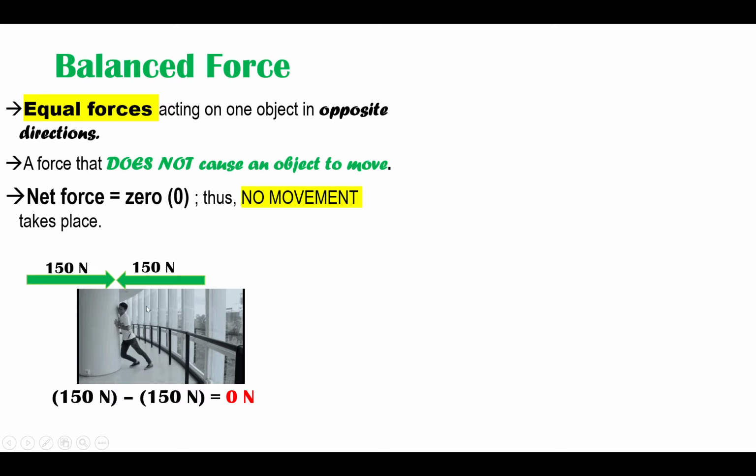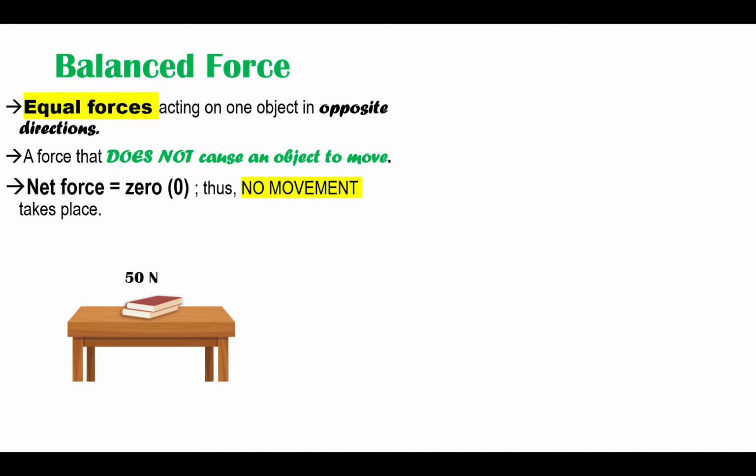They cancel each other out. 150 newton minus 150 newton, then the net force is equal to 0. Thus, no motion happens. Again, notice the pair of forces. The man's push and the wall's reaction push in opposite direction.